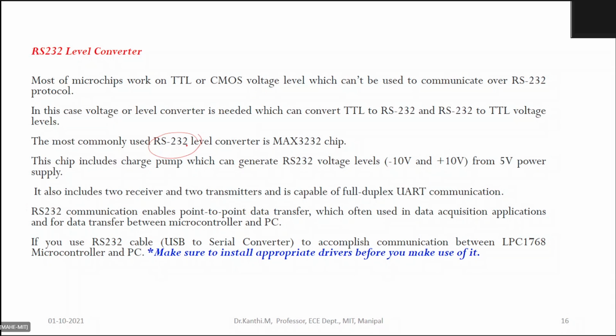So there will be a level converter, which is done through the MAX232. We have the 3232, that is the number of the chip, which can convert TTL logic to RS-232 level or vice versa. Okay, so that is the level converter.